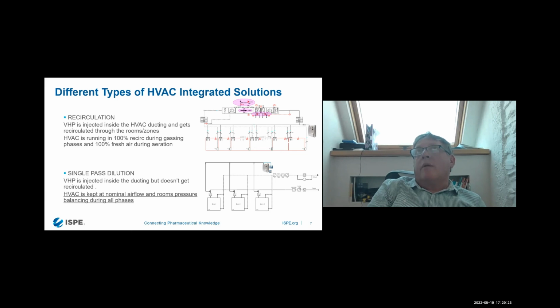It's also kind of heavy because it's not just vapor, it's a lot of fog. And because of gravity, it has problems reaching higher surfaces in the room. So it's good to decontaminate the floor, but not so good for the high surfaces.